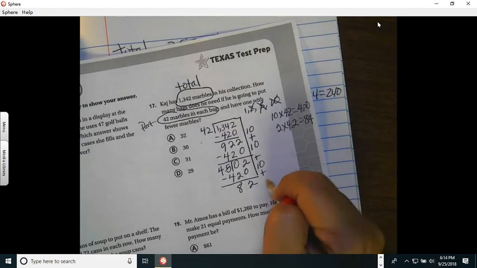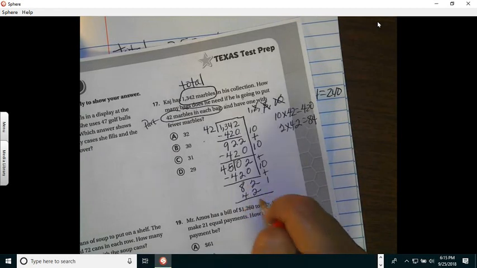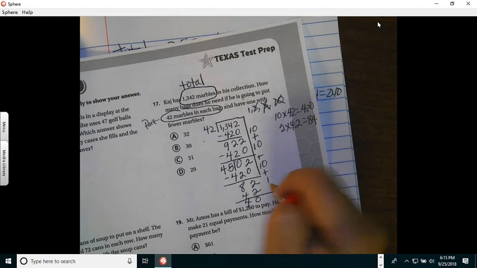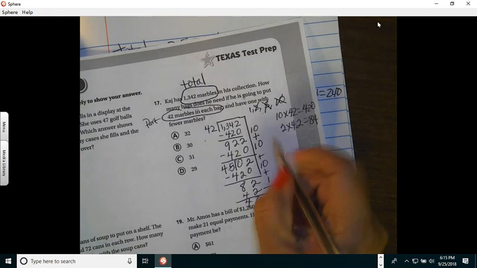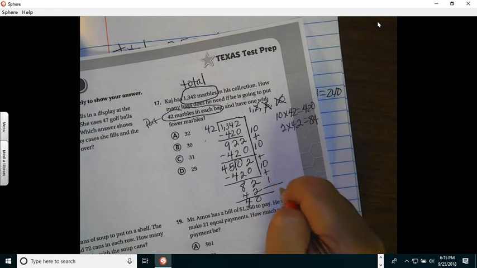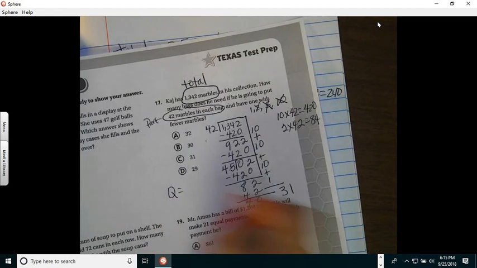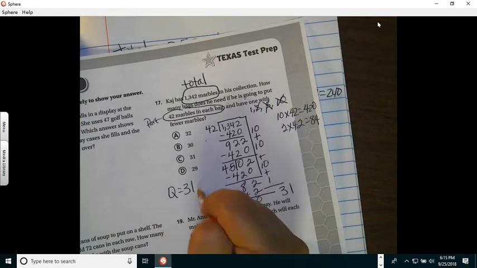So this will be plus 1. And that'll be 0. And that would be a 4. So now I'm going to add it up. 10, 20, 30, and 1. Quotient equals 31 with a remainder of 40.